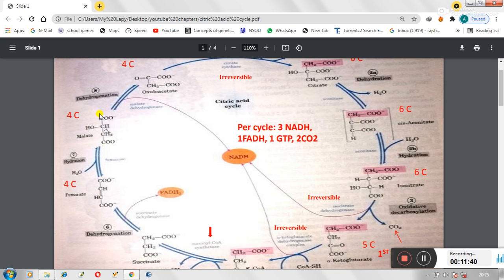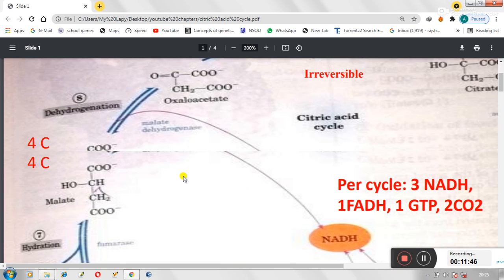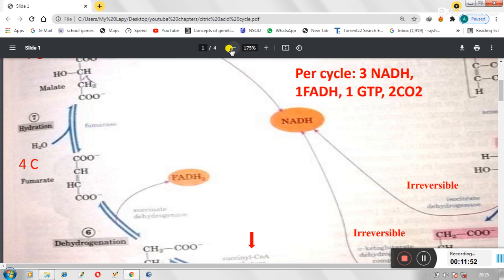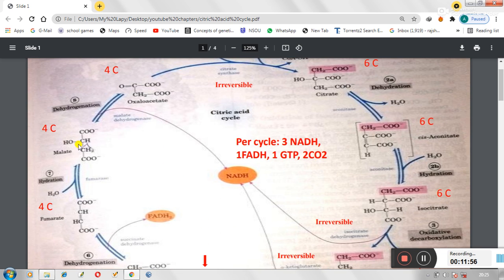This is very important. If we carefully zoom in on the double bond, it is not clear in this case. From here malate, the malic acid, is produced, and from malate another dehydrogenation reaction occurs where another NADH is produced.